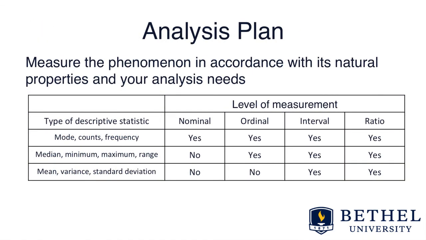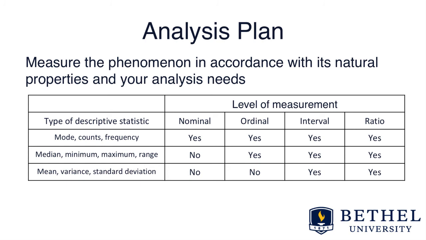Your analysis plan is a very important factor in all of this. You want to measure phenomena in accordance with its natural properties and your analysis needs. A great example of that is age. A lot of times in survey work that I've seen, the researchers will collect age in an interval scale, or worse, in an ordinal scale. They'll just look at age being older or younger than something.